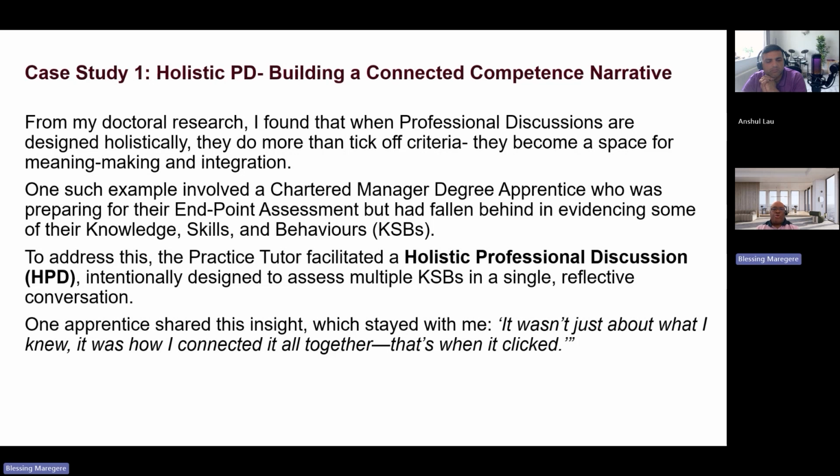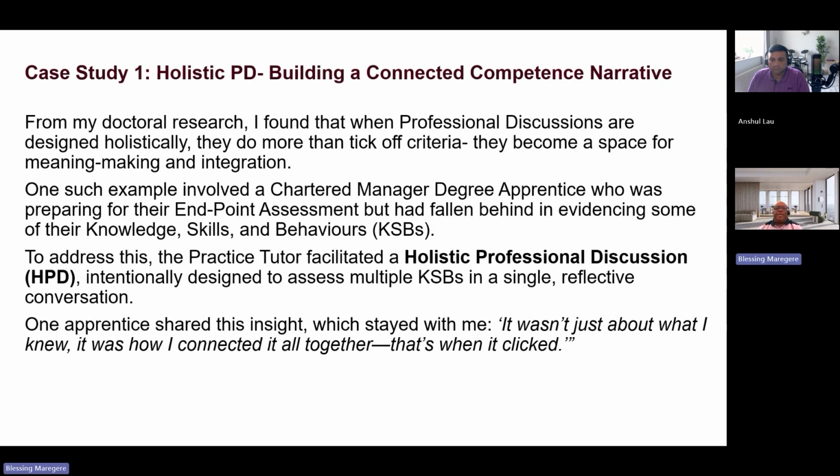So, from my doctoral research, where I conducted some qualitative research evaluating the use and effectiveness of professional discussion, there was a practice tutor that had an apprentice who was a bit behind with the evidence for their apprenticeship portfolio, and they were coming near to their endpoint assessment.